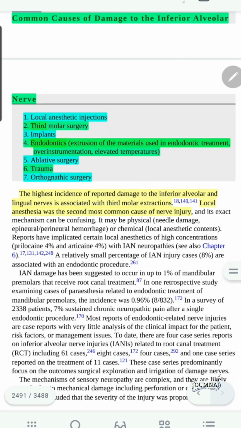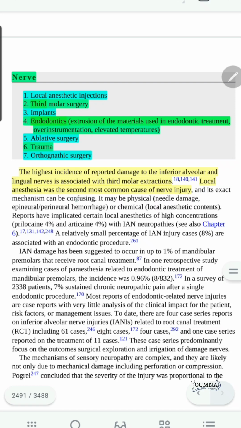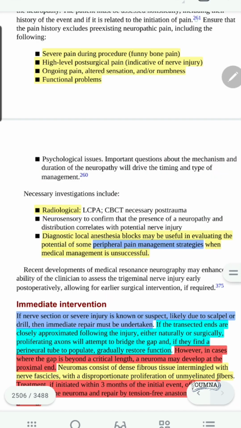The highest incidence of reported damage to the inferior alveolar nerve is associated with third molar extractions. Local anesthesia was the second most common cause of nerve injury.